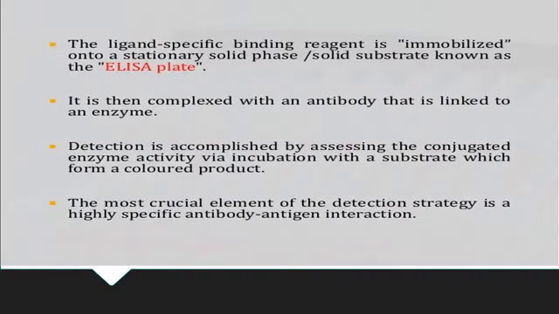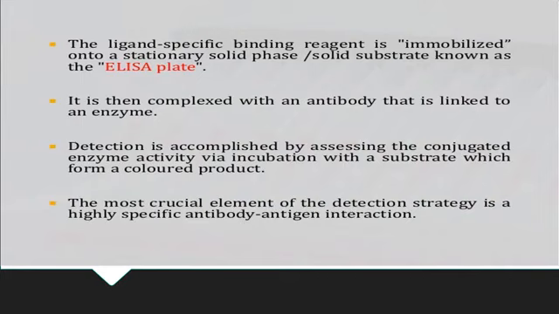As we said, the ligand-specific binding reagent is immobilized or coated on a stationary solid phase, which is the ELISA plate or the microtiter plate, or it may be a 96-well plate as we said. It is then complexed with an antibody that is linked to an enzyme. Detection is accomplished by assessing the conjugated enzyme activity by incubation with a substrate.